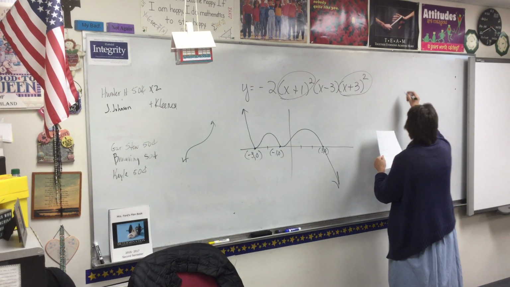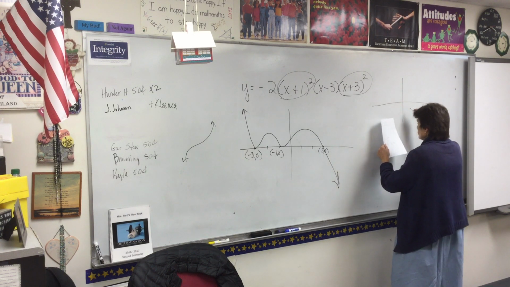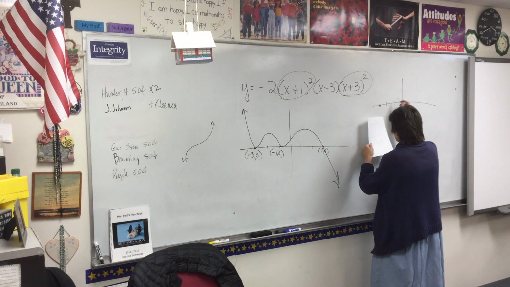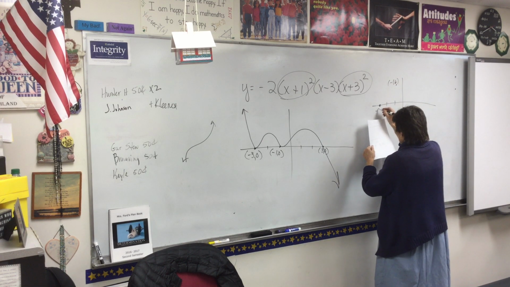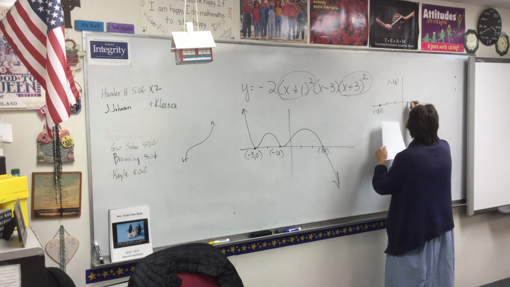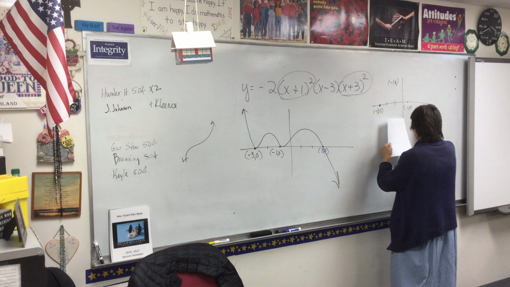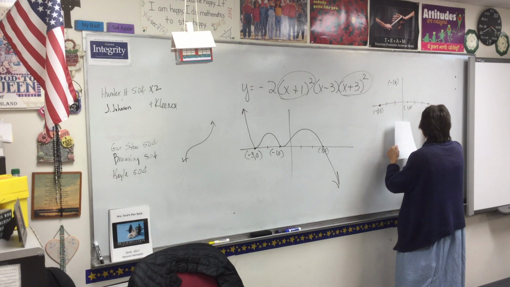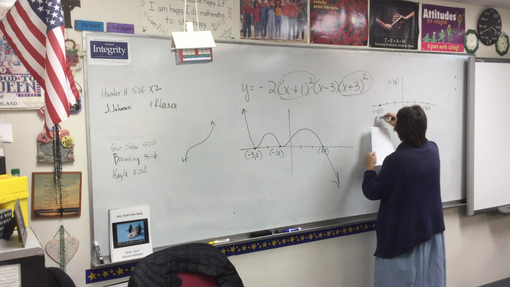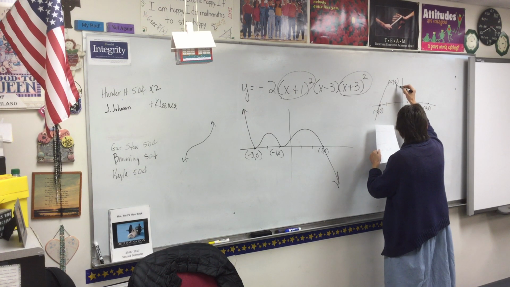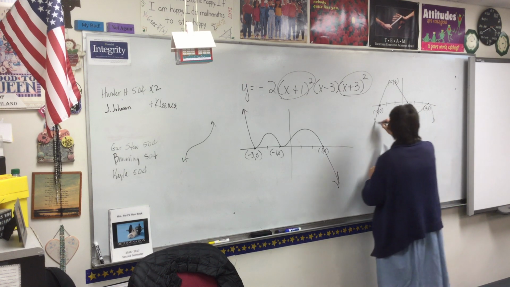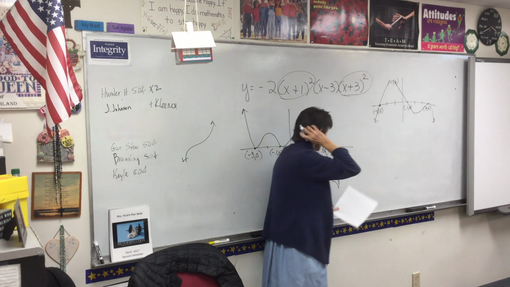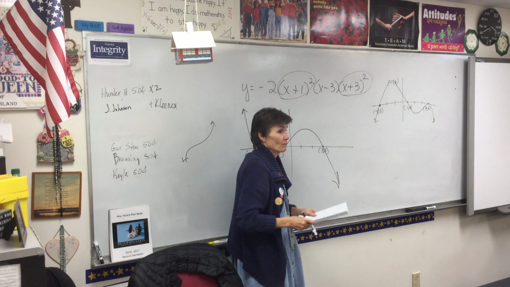Now let's look at the second problem on here. The second one asks you to write the equation. All right, so let's see, what's this going to look like? Comes up from the bottom. Okay. All right, so we're going to write the equation for this.